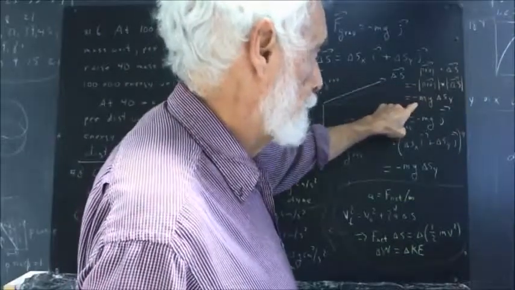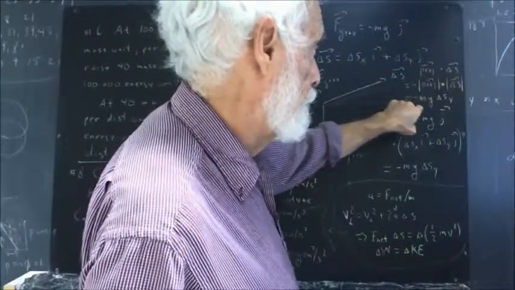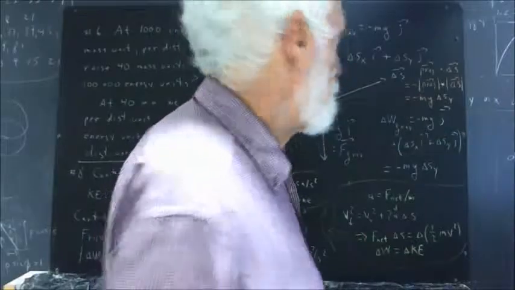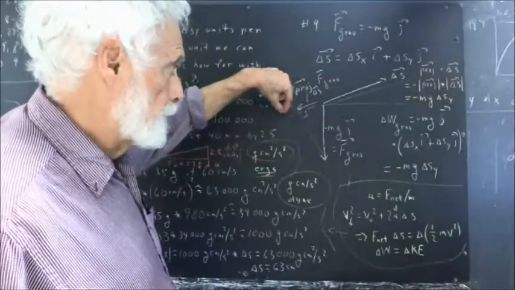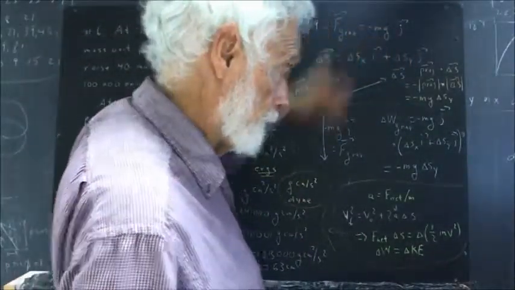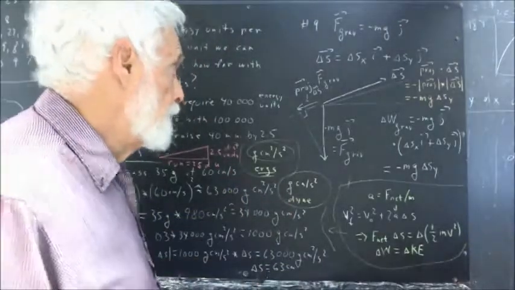And this result is again negative mg delta Sy. So if we take the projection of this vector and multiply it by delta S and keep the sign straight, it works out.